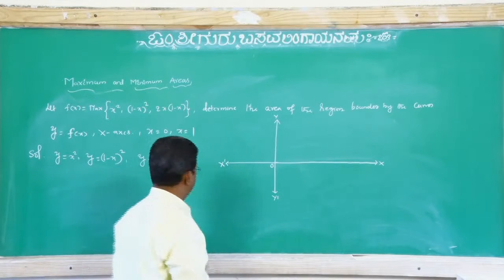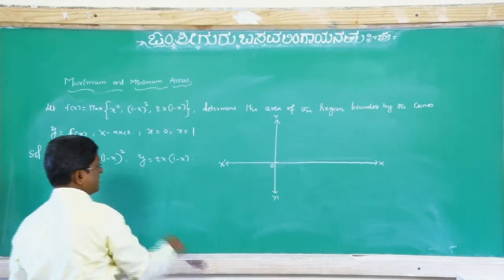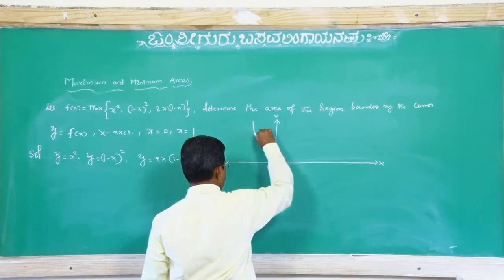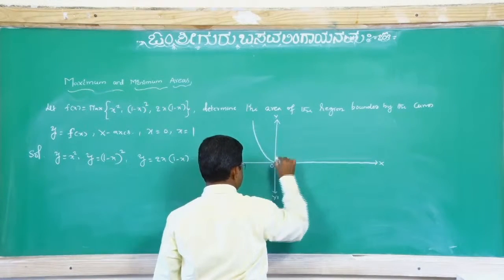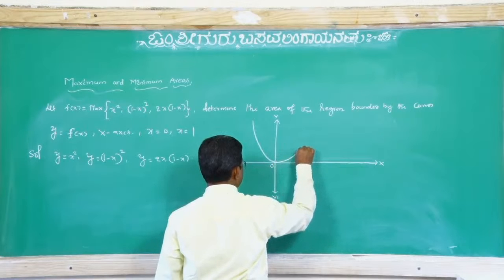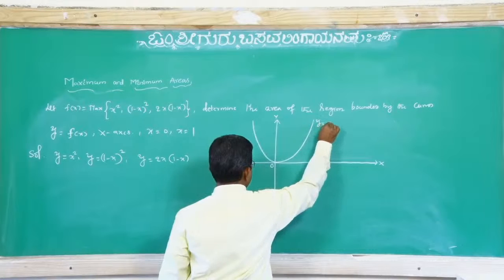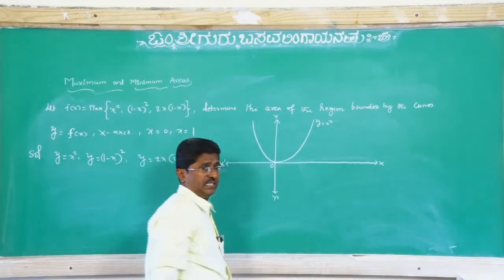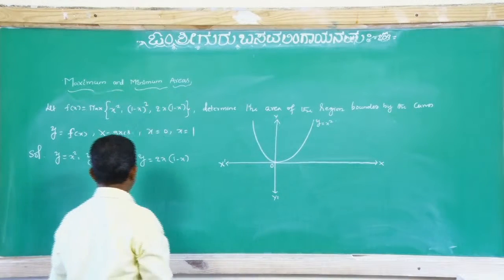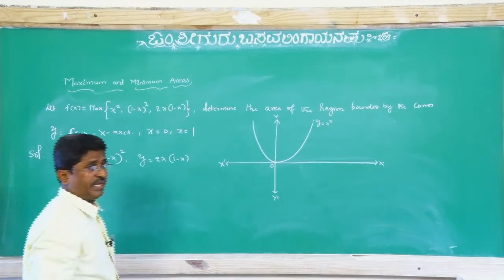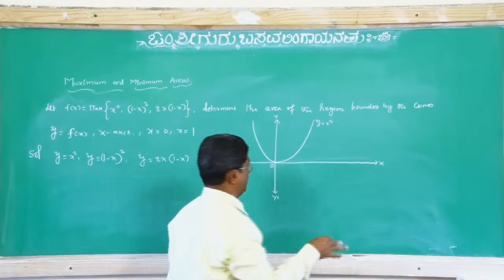Right, see? The y is equal to x square graph we can draw in a very simple manner. Y is equal to x square means a concave upward parabola. This is what we call y is equal to x square. Next, y equal to 1 minus x whole square is nothing but mod of 1 minus x only.